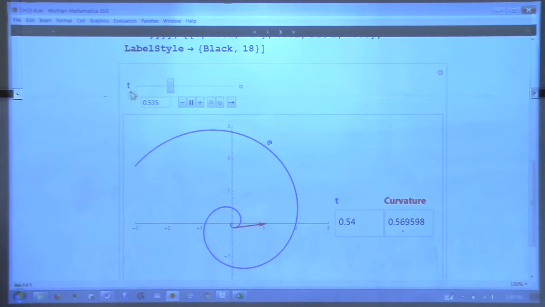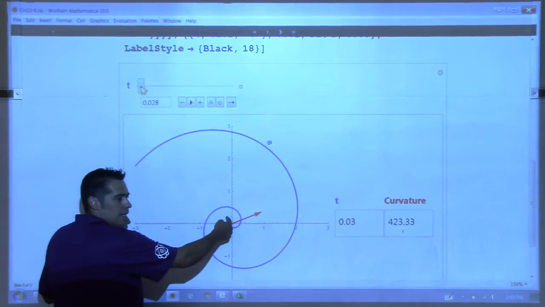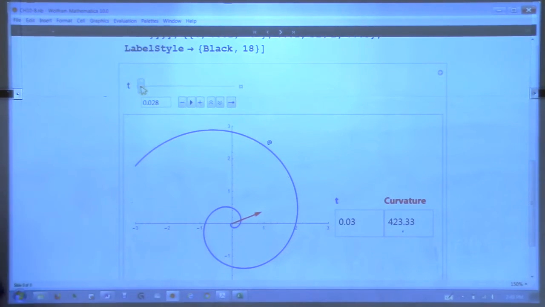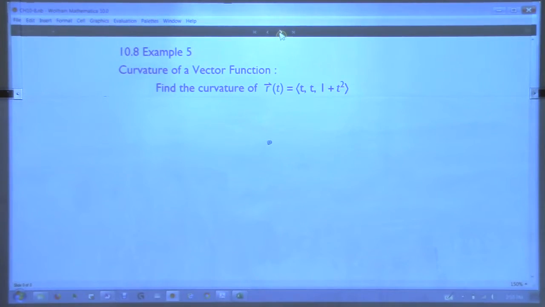So look in the beginning here. Stop. In the beginning, our curvature is what? 423? It's a very tight spiral here in the beginning. Then as we go out, the curvature starts to get smaller and smaller and smaller. That's just a visual example of something where the curvature is not constant.